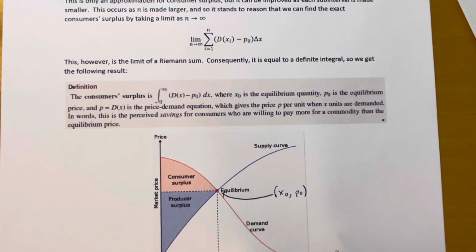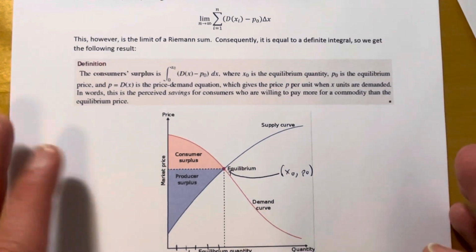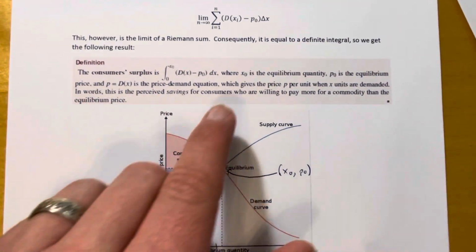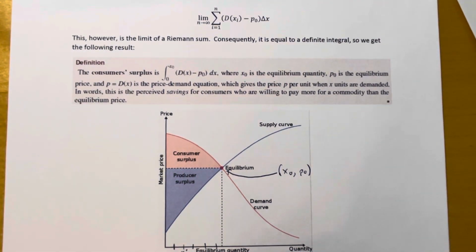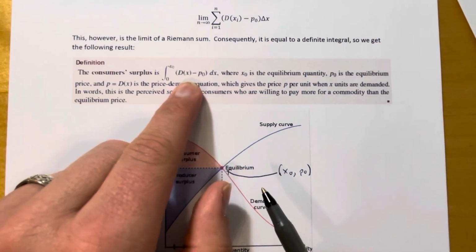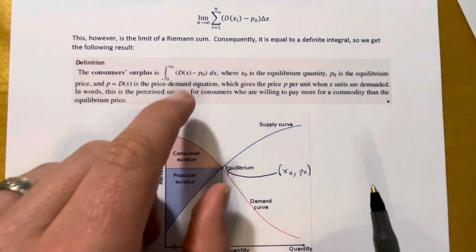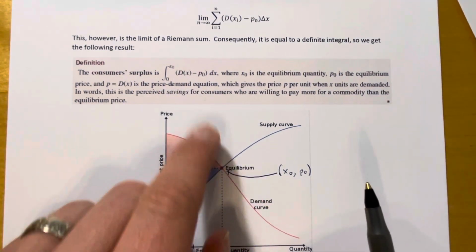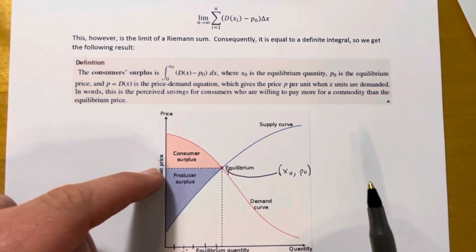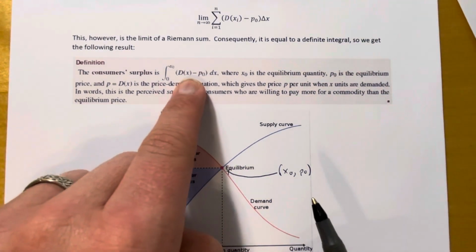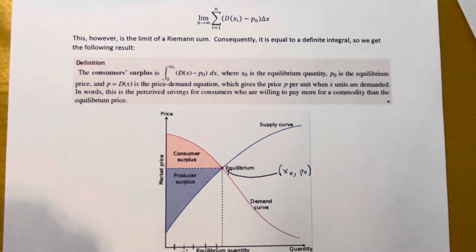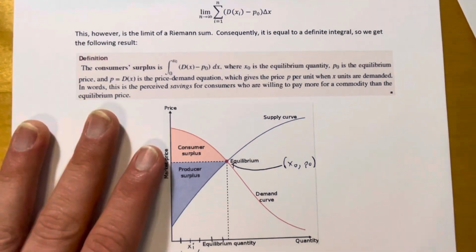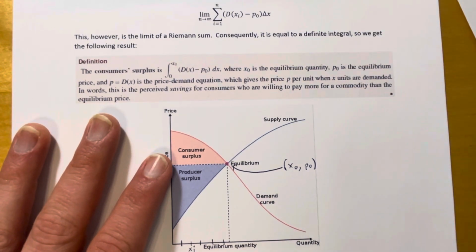Okay, and now that we have defined it that way, remember throughout this section we have been talking about areas between curves. So this is a difference between two functions, in which d of x is the higher function between these two. P equals p naught would be this horizontal line. So this represents the area between these two curves, which is why this is labeled as consumer surplus. Okay, hopefully all of that made sense.